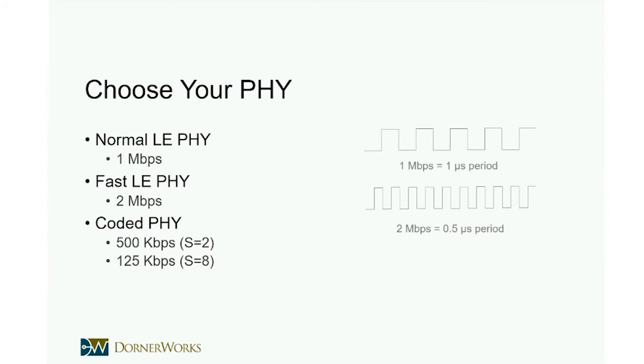So choose your PHY. In the original, when I say original, I'm going to be talking about Bluetooth 4. I think it's important to note that this is primarily a discussion on the changes between low energy and Bluetooth 5. So there's probably a ton of changes between Bluetooth 5 and Bluetooth 1.0, but this conversation is primarily geared on 4.0 to 5.0.